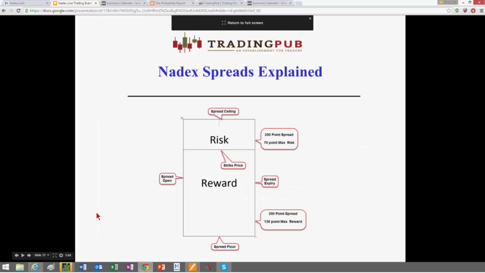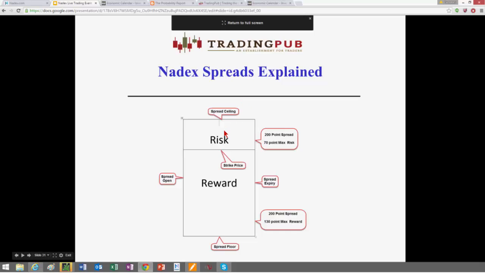A little bit more about Nadex spreads. On spreads, you're basically dealing with a box. You have a floor and a ceiling. In this particular case, I decided to make it a 200-point spread, which is what I'm trading right now on the German market. And basically, you find the strike price. If you're selling the market, then everything from where your strike price is to the ceiling is your maximum risk. If the market shoots all the way through the ceiling, you can't lose any more.